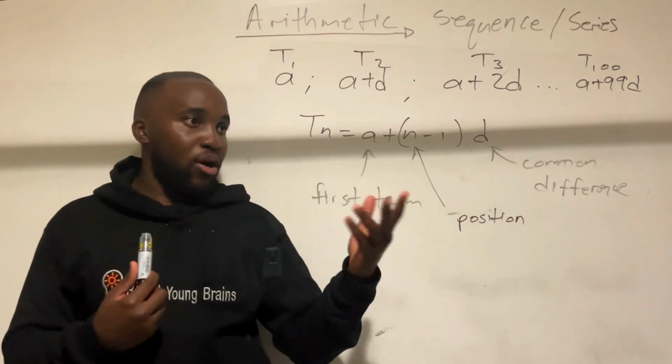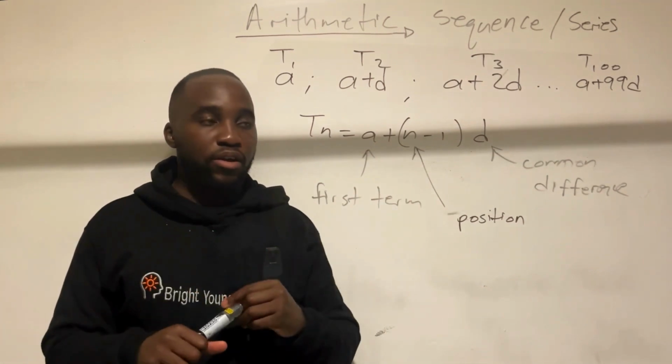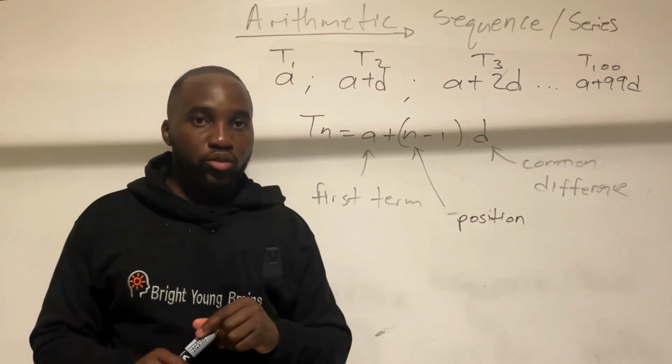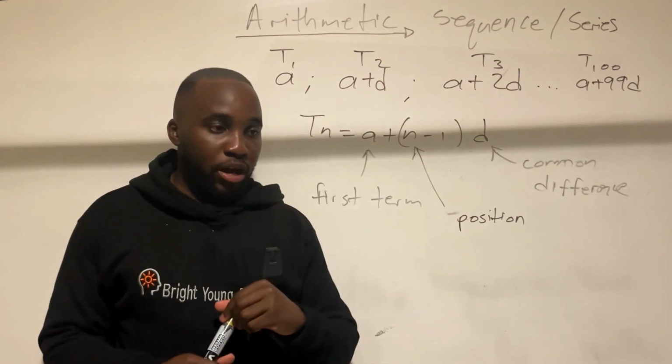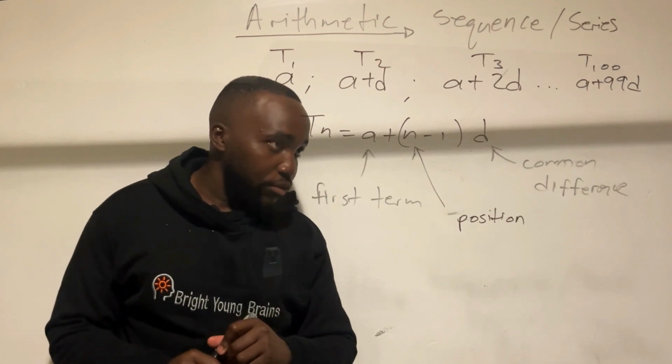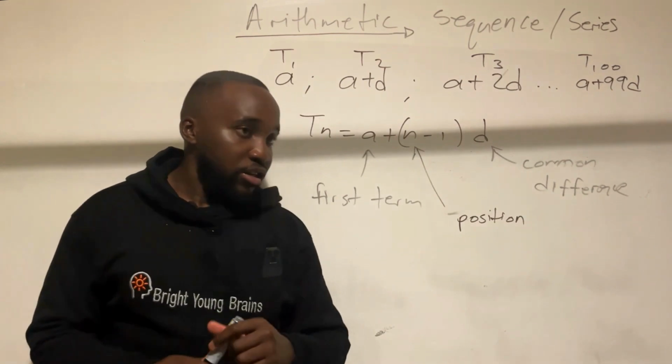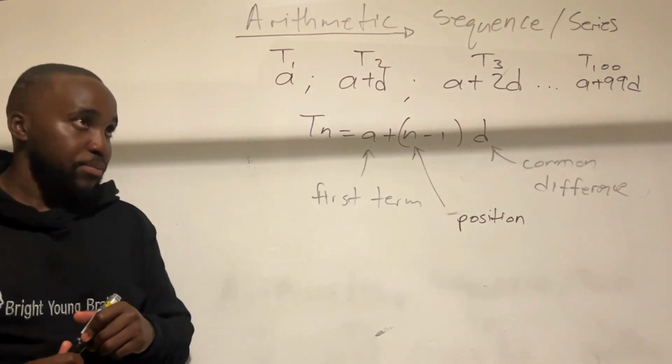So if you're talking about term number 1, 2, 3, 5, or 6, N will be representing the position of the term you're talking about. A will always be representing your first term. D will be representing your common difference.